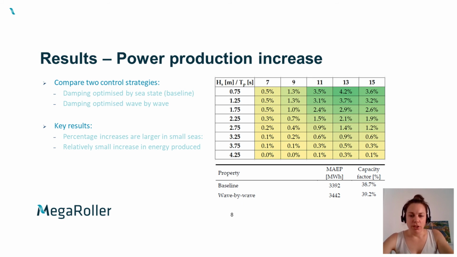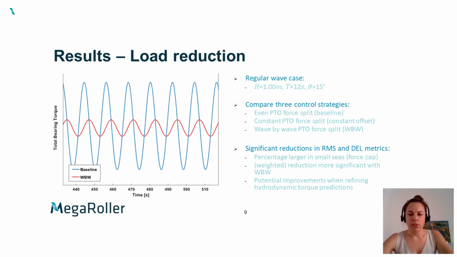The other potential application of the wave-by-wave prediction tool is to look at survivability gains. In this case, we started by looking at regular waves. As shown in the figure, when we compare the red and the blue lines, that is the total bearing torque, either using a baseline control strategy or a wave-by-wave PTO force split adjustment, we can see that this wave-by-wave force split controller is able to significantly reduce the total torque on the bearing.